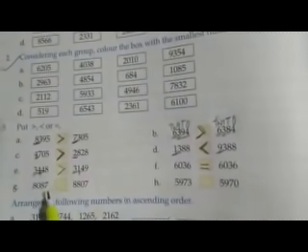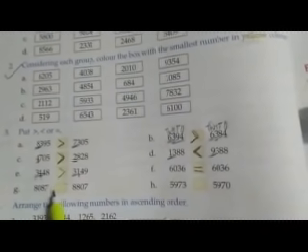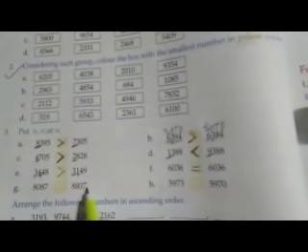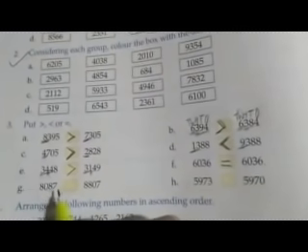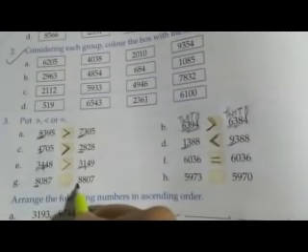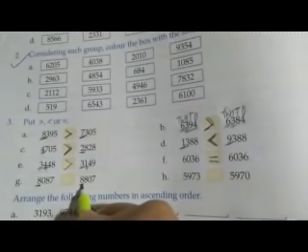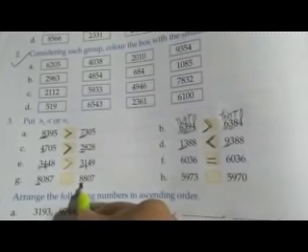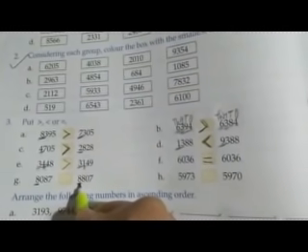Now next one, 8087 and 8807. Both are 4-digit numbers. Now what will we do? We will compare the number at thousands place. Here we have 8 at thousands place and here also we have 8 at thousands place. Now we will move on to hundreds place.